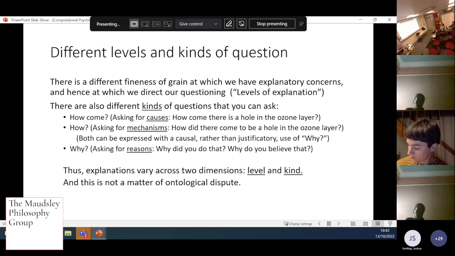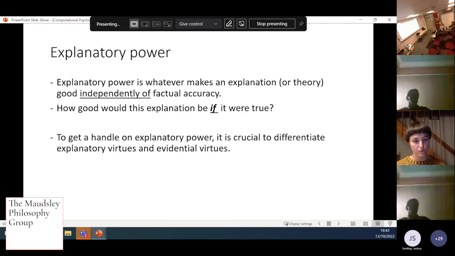So explanations vary across two dimensions, a relatively well-established one of levels of explanation, but you also have kinds of explanation. And this isn't a matter of ontological dispute. It's not like somebody who thinks there are different kinds of explanation is saying something particularly weird about the nature of reality. It's just about the way in which we request and receive explanation.